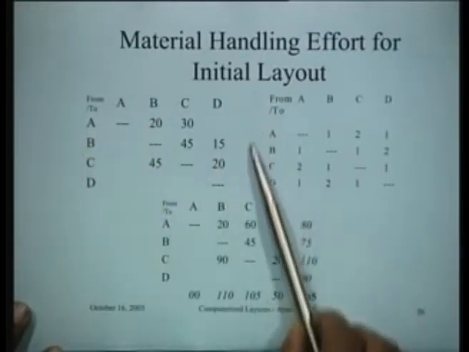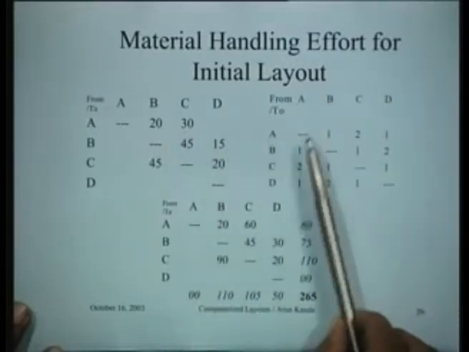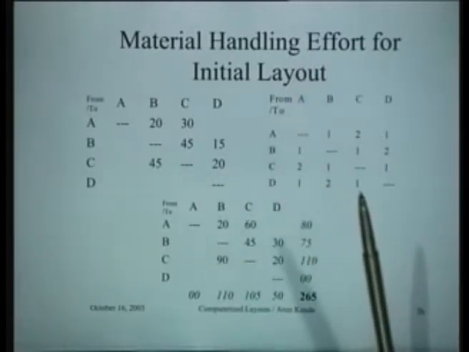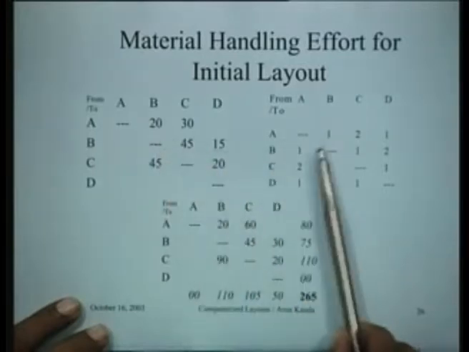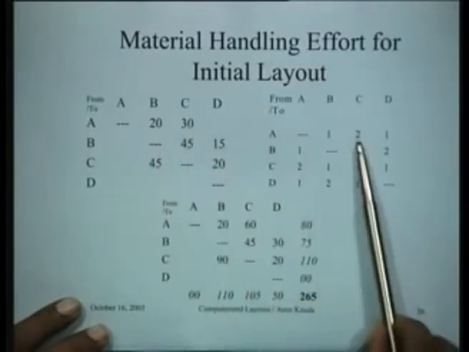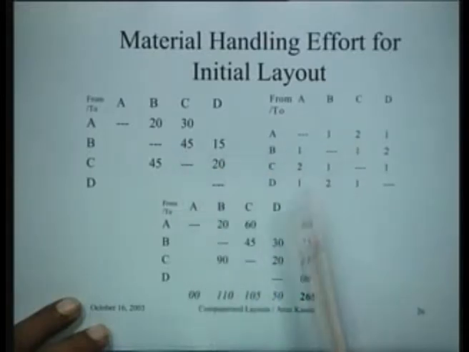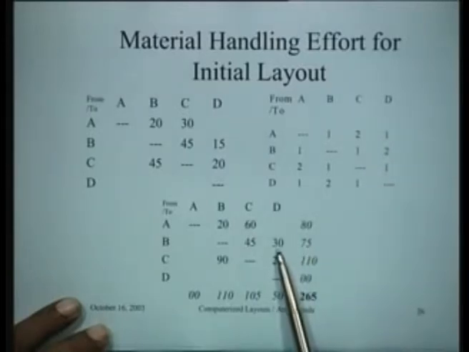This is the distance matrix for this. So we multiply the flow matrix with the distance matrix, we get the material handling effort. For instance, we get the material handling effort here, 20 into 1 is 20, 30 into 2 is 60, and similarly 45 into 1 is 45, and 15 into 2 is 30, and so on.